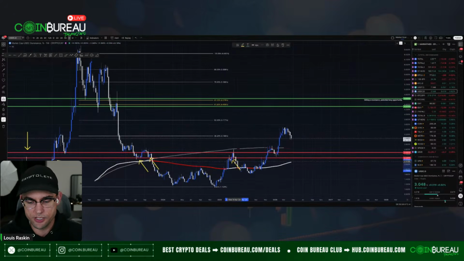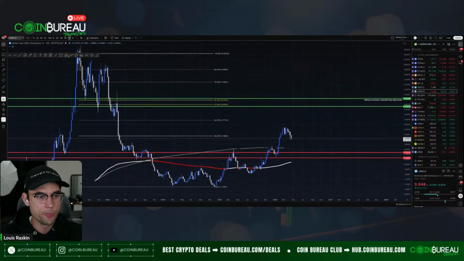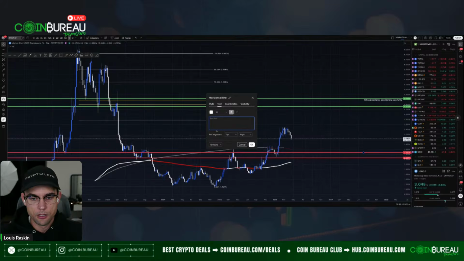And because this is such a big support, I want to be cautious if it comes down here, and I will basically look to get out. I'll say hitting a major support area, be extremely cautious here, get out of all long positions, take profits.